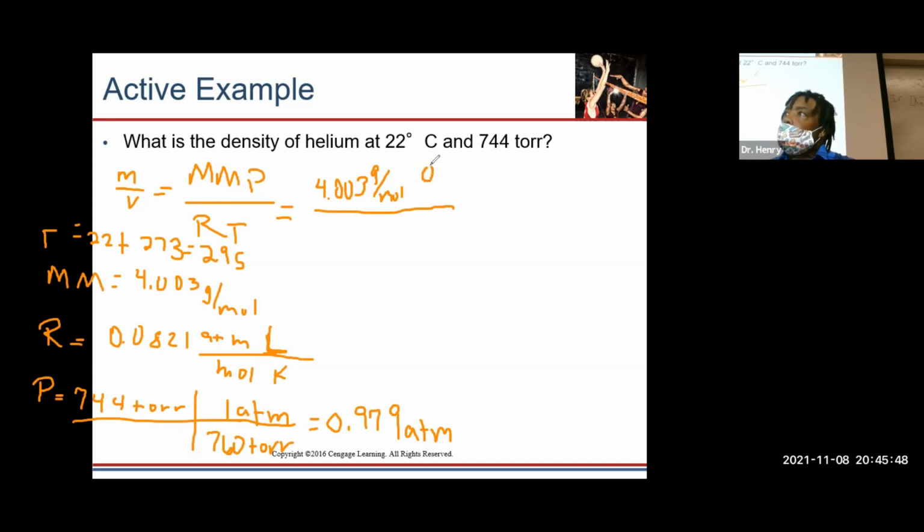Pressure, 0.979 atm, divided by R, which is 0.0821 atm liters per moles Kelvin, and then temperature, which is 295 Kelvin.